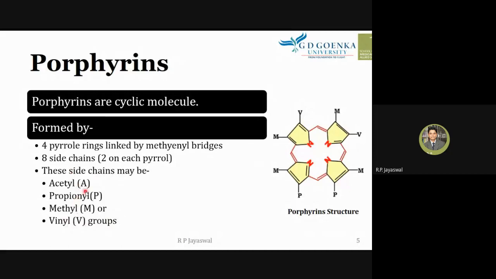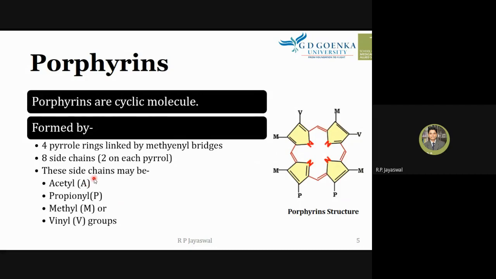The most common side chains in hemoglobin are propionyl, methyl, and vinyl. Here we can see propionyl, methyl, vinyl, propionyl, methyl, vinyl. There is no acetyl here, but some porphyrins also contain acetyl or other groups as side chains.